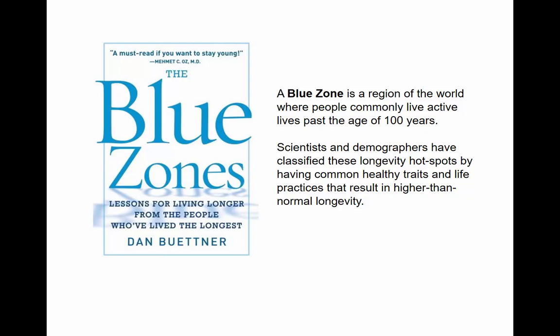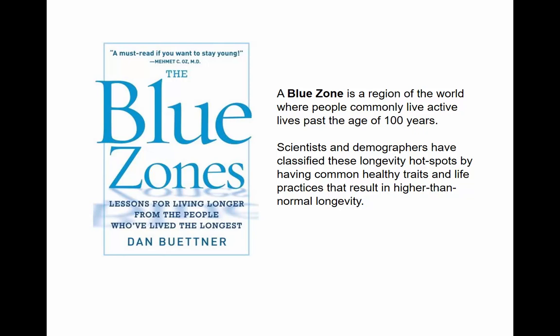And so people are interested in why people in these three regions live longer than people elsewhere. What are the zones? Do they specify a geographic zone per se, like a village, or something like this?